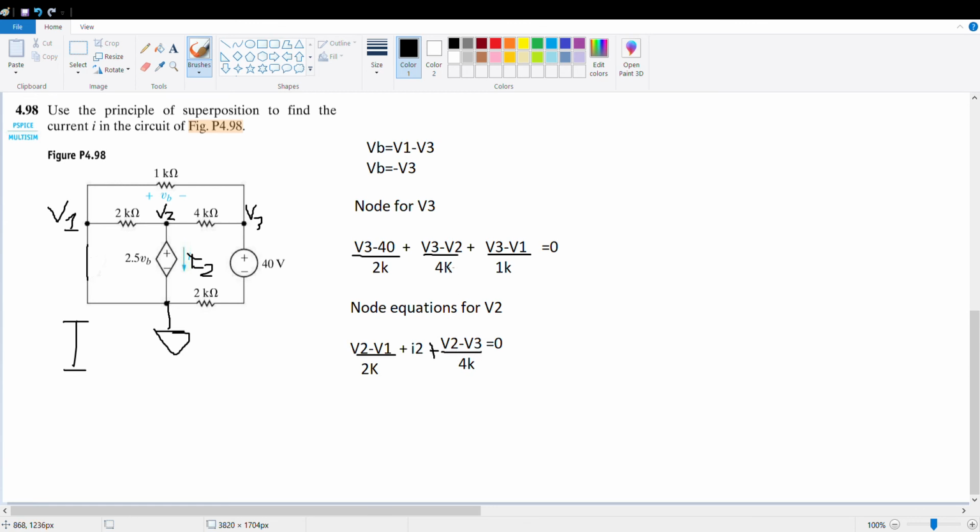So those are the two equations needed to solve for I2.